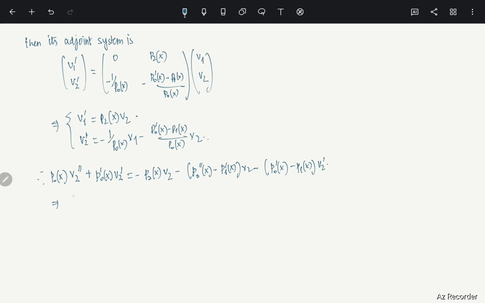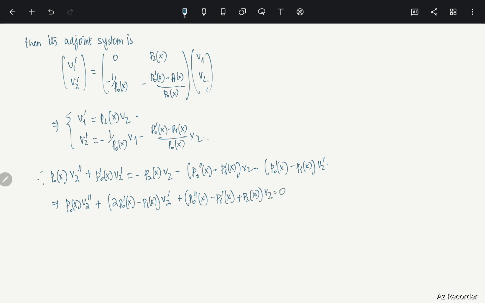So if you put it together, what happens? This is nothing but p naught of x v2 double prime plus 2 p naught prime of x minus p1 of x times v2 prime plus p naught double prime of x minus p1 prime of x plus p2 of x times v2 is 0.